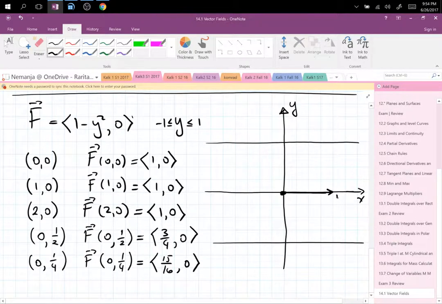And then I said 0, 1/2, which is here, and I got that the vector is... something is wrong over here. I don't like it.